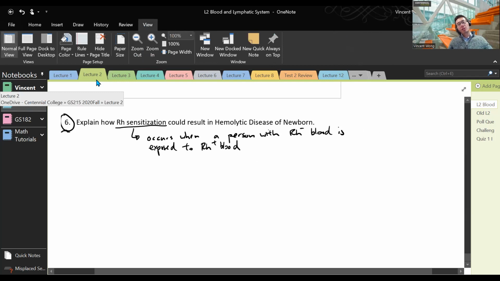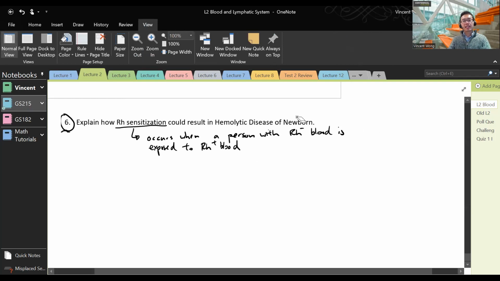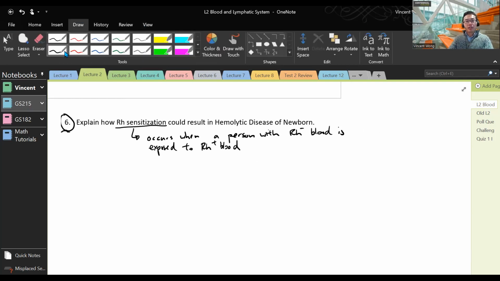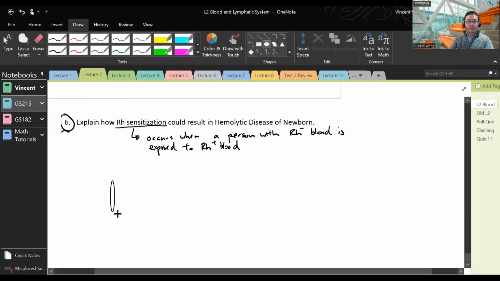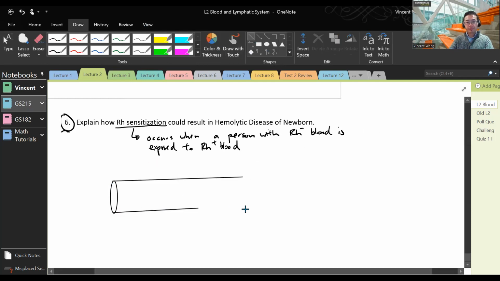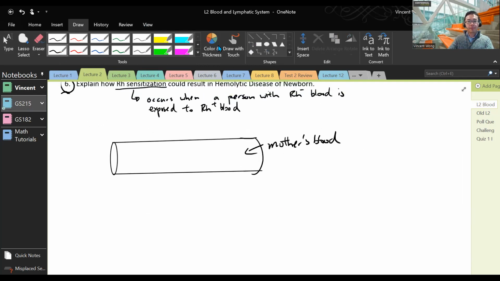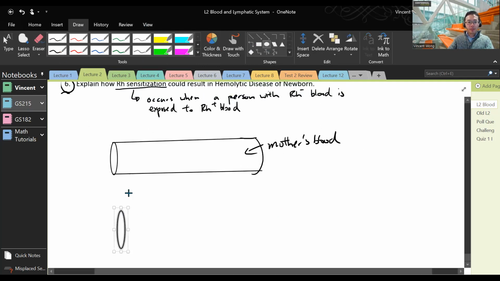It could happen during pregnancy. All right. So the hemolytic disease of the newborn is related to the pregnancy. So let's say this is the mother's bloodstream. Mother's bloodstream. And we are going to have the fetus, the baby's bloodstream.